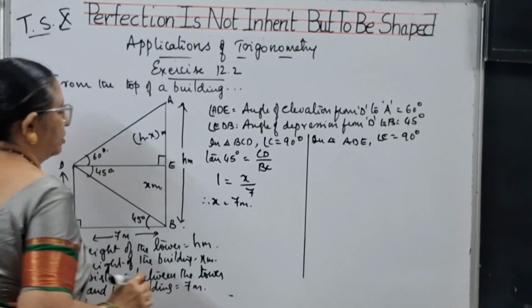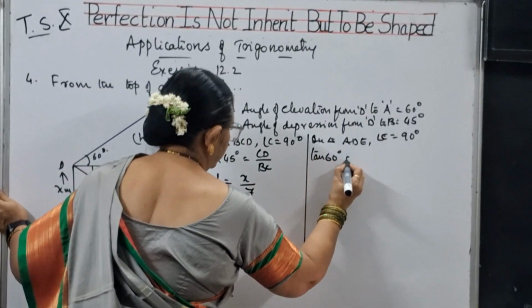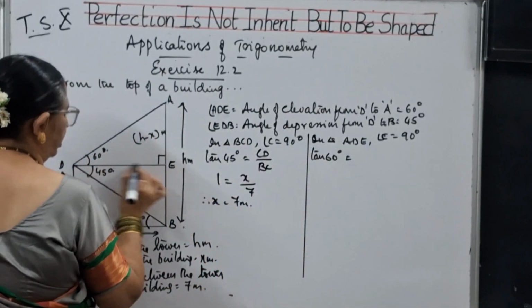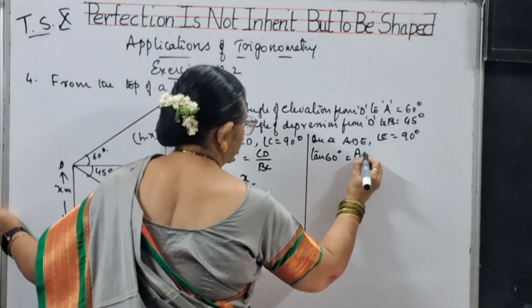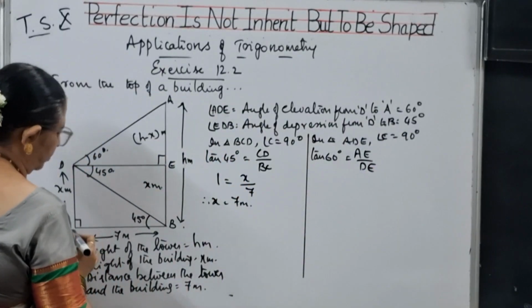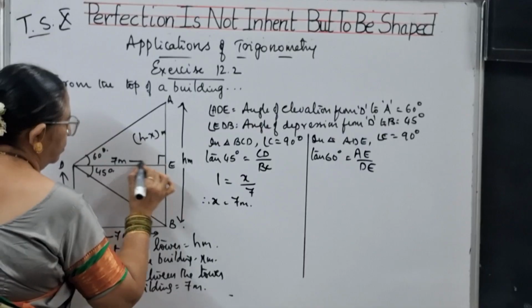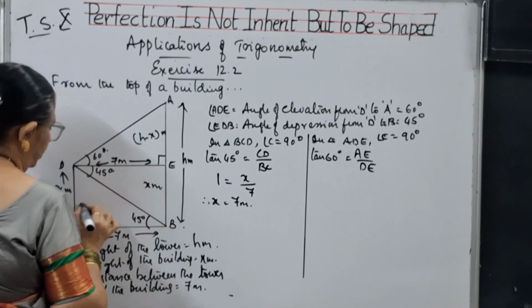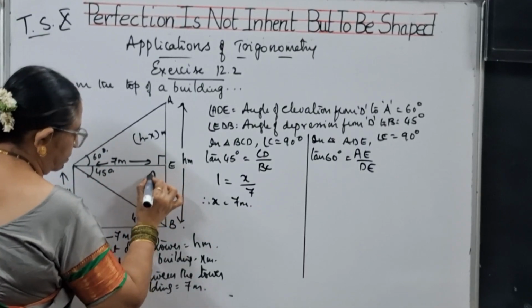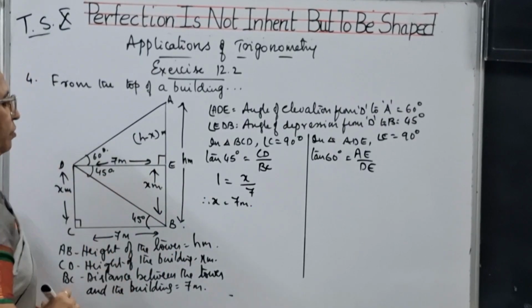So tan 60 degrees is equal to AE by DE. See children, if this is 7 meters, then definitely this also will be 7 meters only. If this is x, this is also x meters. And if this is 7, this is also 7 meters.